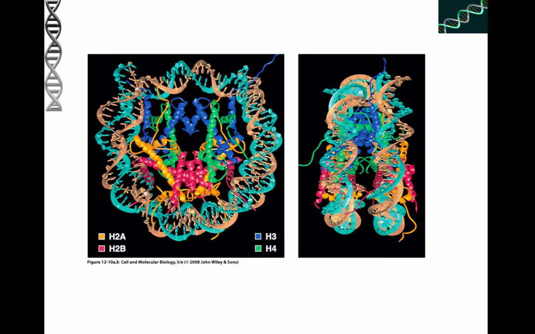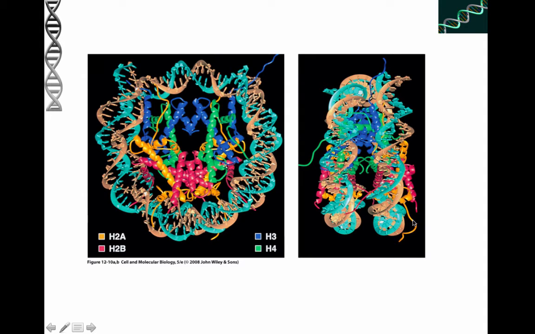This is a more detailed image of the histone association with the DNA, shown here in turquoise and yellow. These are the DNA double helix structure. Blue, green, yellow, and red are 4 different histone molecules indicated by different colors. And you will see there are some linear structures sticking out.